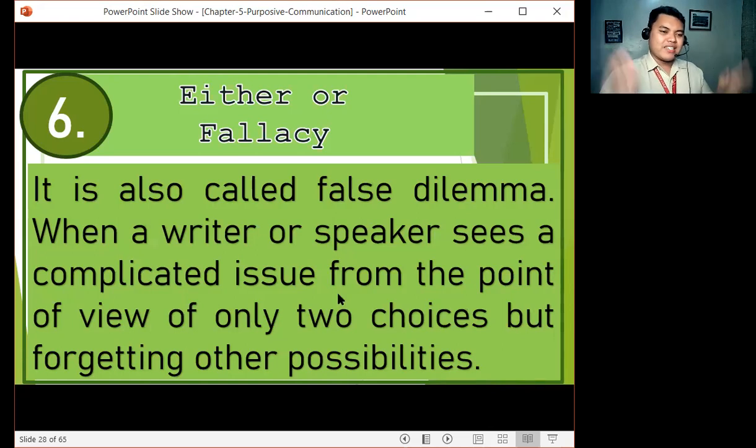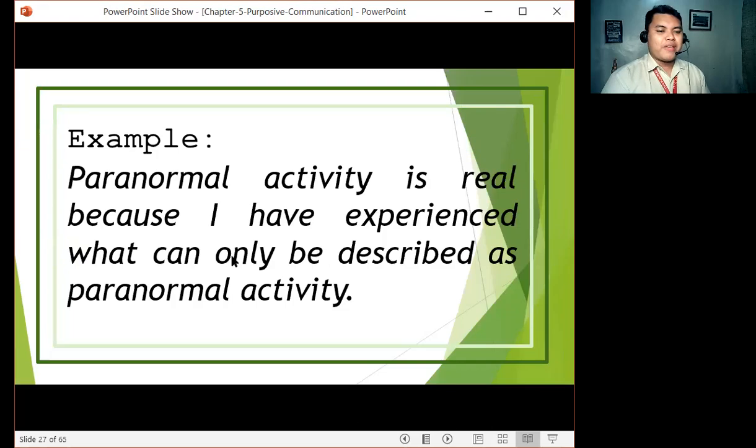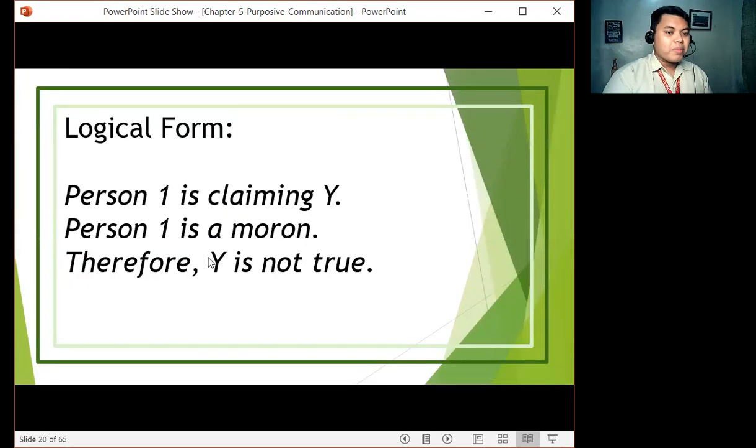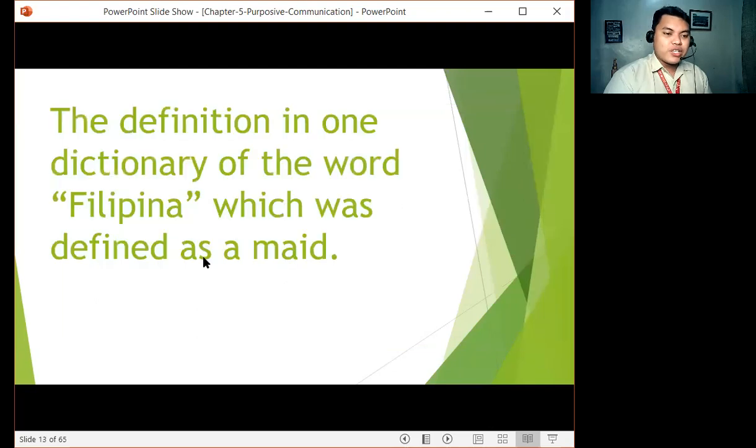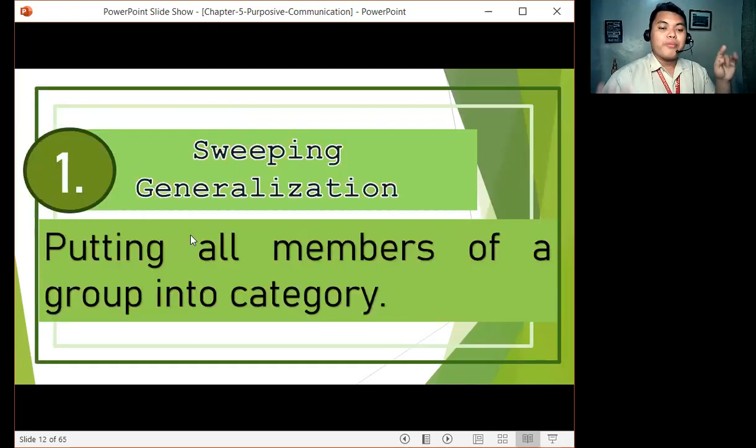So let's go back for you to be able to remember it. If we say sweeping generalization, that means putting all members of a group into a category. For example, I am immoral, so all the members of the family are immoral. That is sweeping generalization.